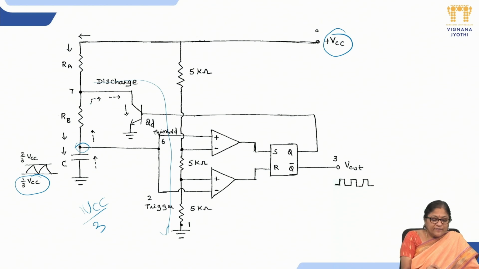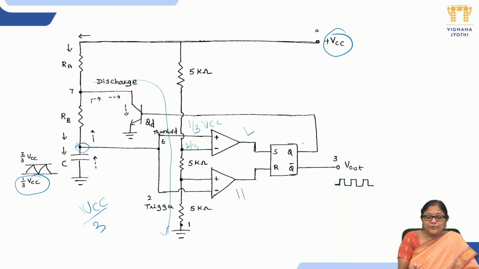So initially VCC by 3, the trigger comparator, the lower pin is at 2/3 VCC, the upper pin is at 1/3 VCC. So its output will be low, and the lower comparator is at 1/3 VCC and its output will be high, and reset is high.